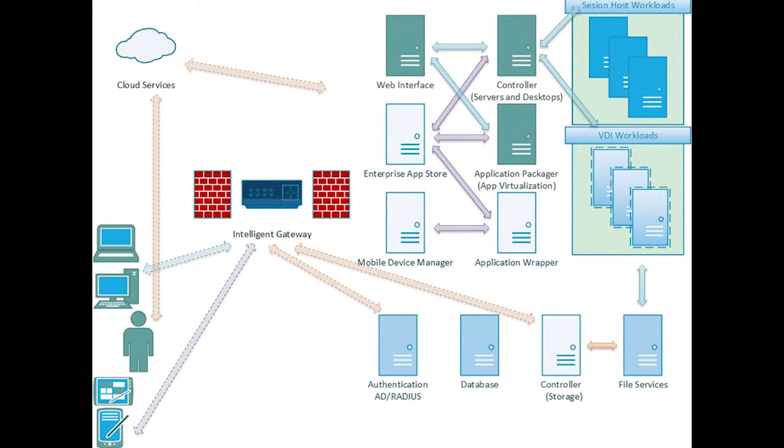Again, with our mobile devices here, we're going to leverage an authentication mechanism that's utilized with our gateway, and we're going to present them with an enterprise file syncing and sharing solution that gives them access to their data, whether it be on-prem file services or cloud-based file services.